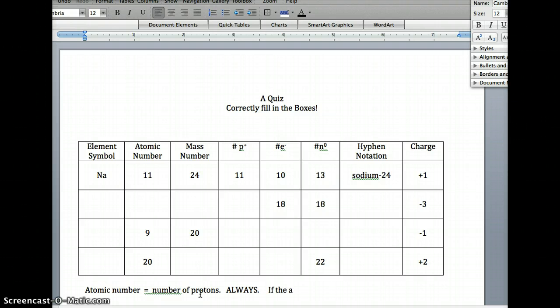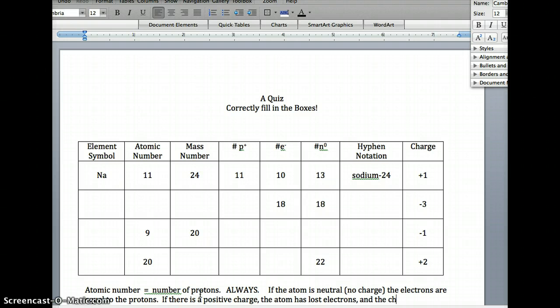If the atom is neutral, neutral means no charge, the electrons are equal to the protons. If there is a positive charge, the atom has lost electrons, and the charge becomes positive.